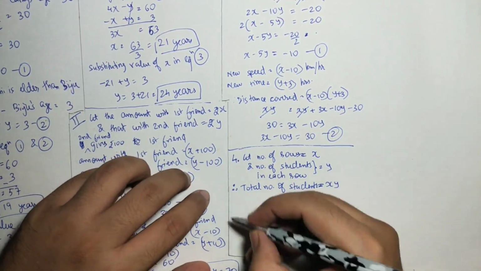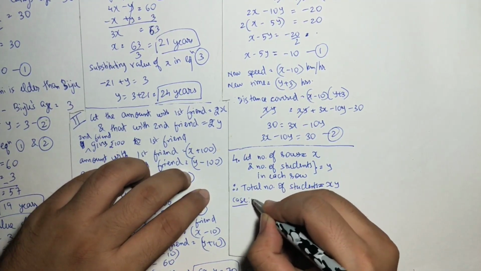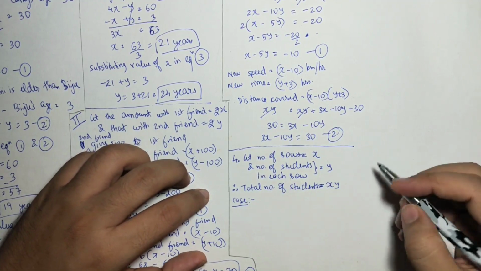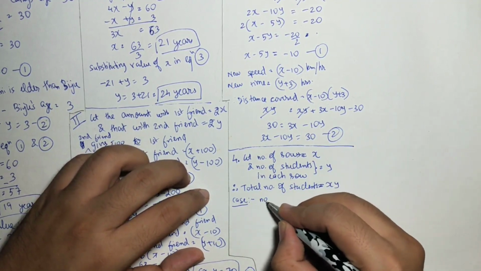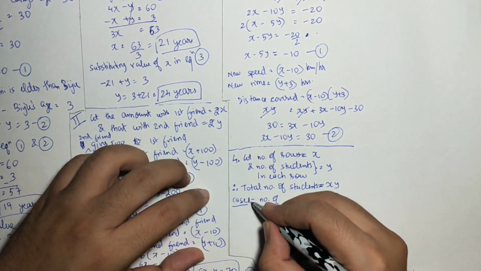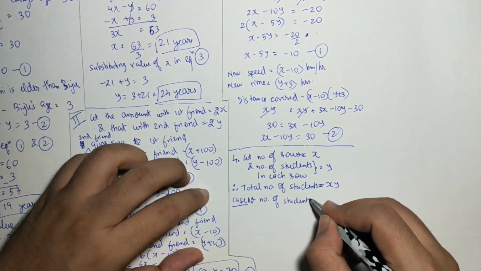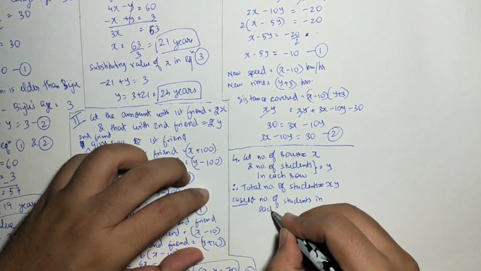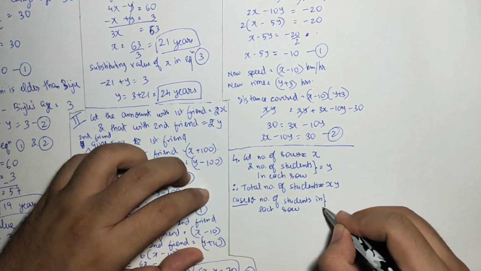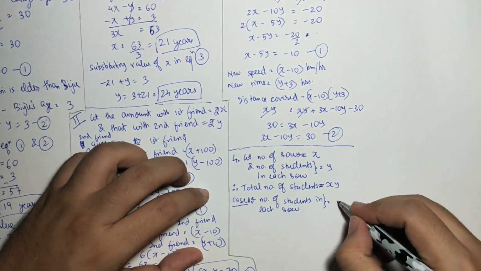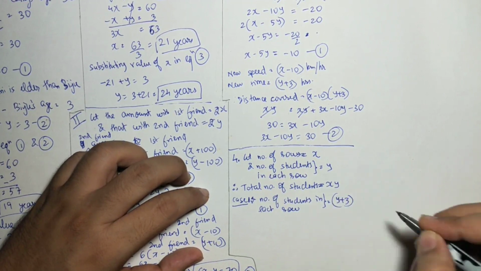Now, case 1. If 3 students are added in each row, the number of students in each row will be y plus 3.